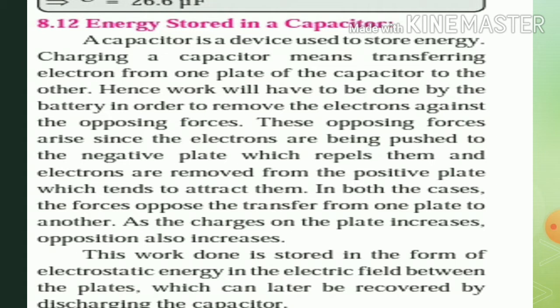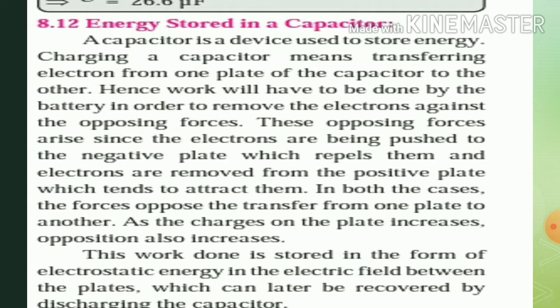Whenever the battery is on, charges transfer from one plate of the condenser to the other, and so on.